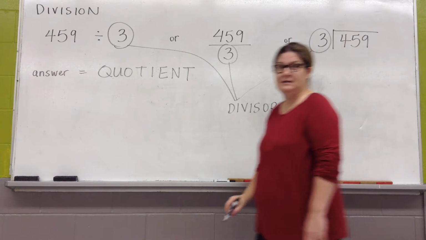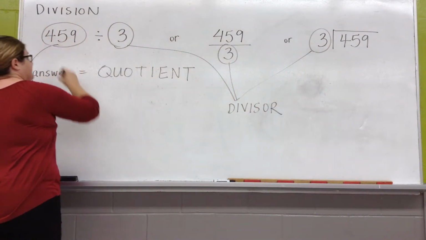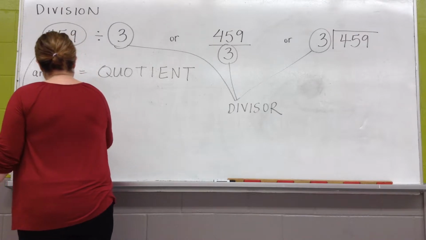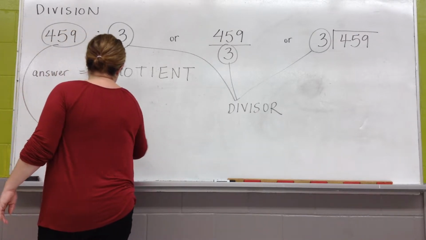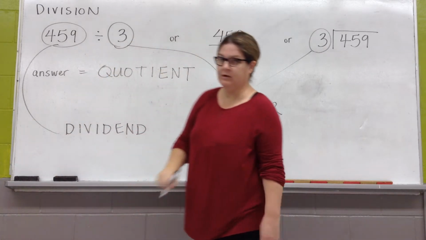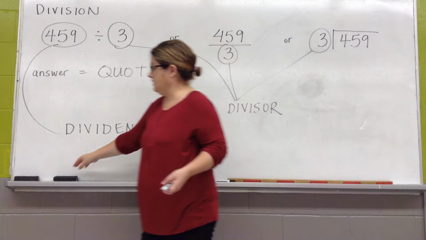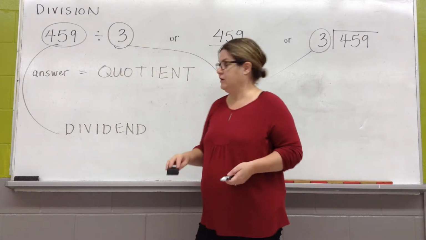And the one that is being divided into, in this case 459, is referred to as the dividend. And that's just some vocabulary that students need to refresh and make sure that they are remembering correctly.